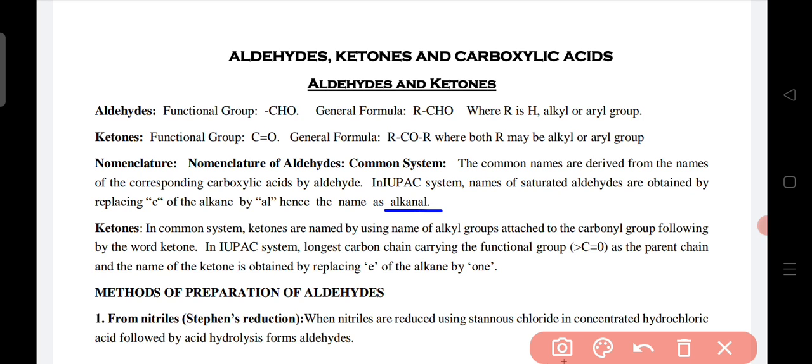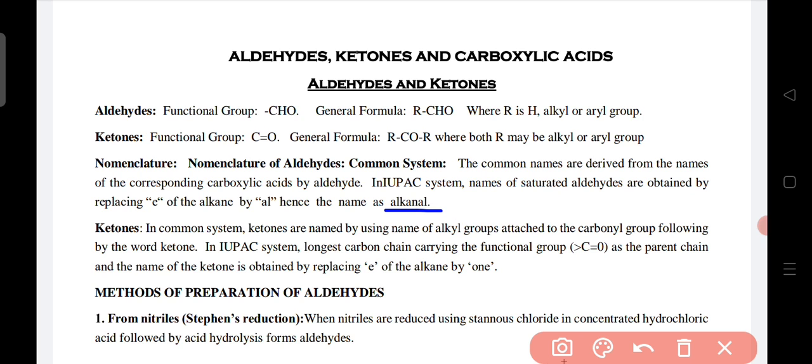Coming to ketones, they are named as alkanones: by removing the terminal 'e' of the corresponding alkane, 'one' is added, so that becomes alkanone. Ketones come in between the chain, so numbering is important. You have to number the chain so that the carbon of the keto group gets the least possible number.